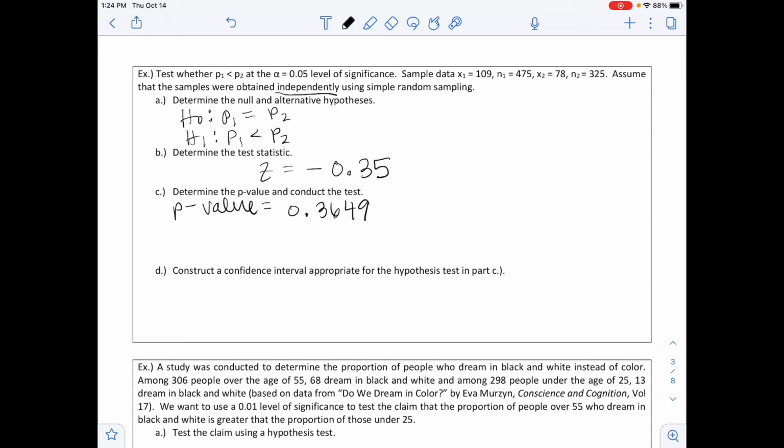So we need to compare this to alpha, which was given to us as 0.05. And this is definitely greater than alpha, which is 0.05. And so what does this mean? This means that we do not reject H0.